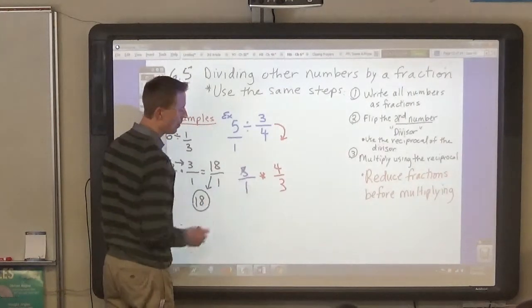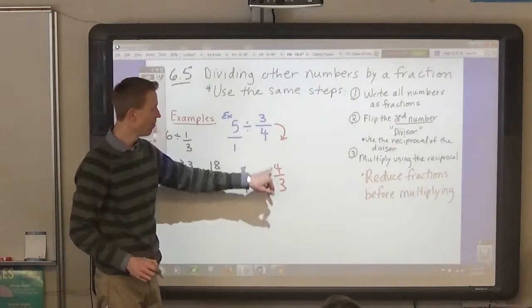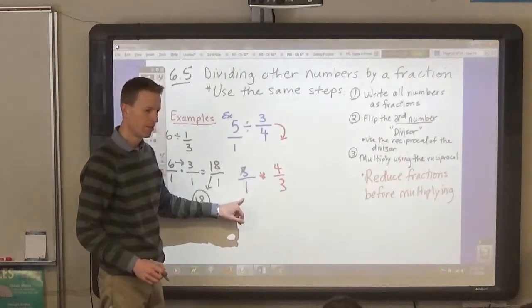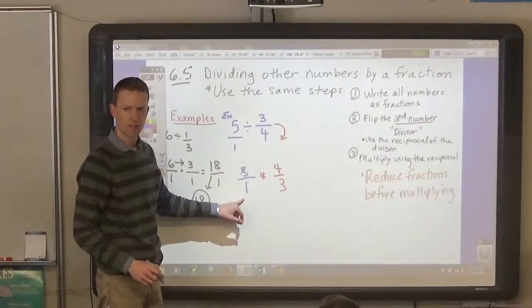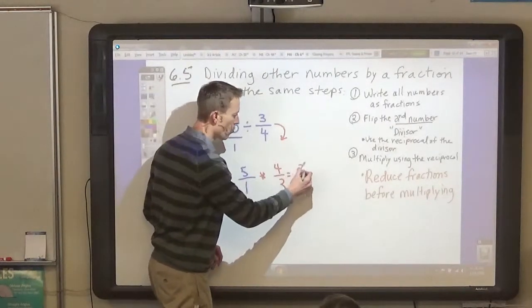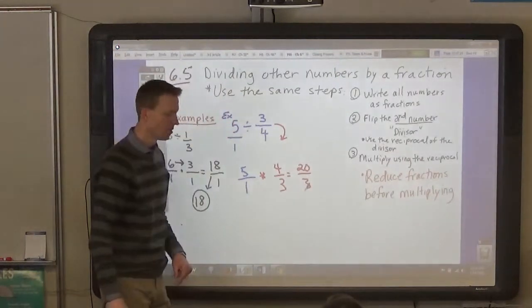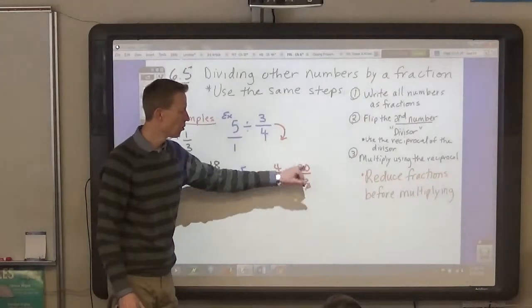So, can we reduce these? 5 and 3 are across from each other. 4 and 1. Can we reduce this? Nope. So 5 times 4 is 20. 1 times 3 is 3. 3 goes into 20 how many times?